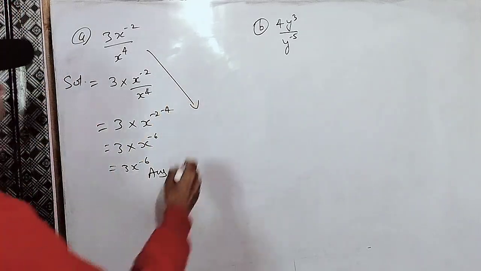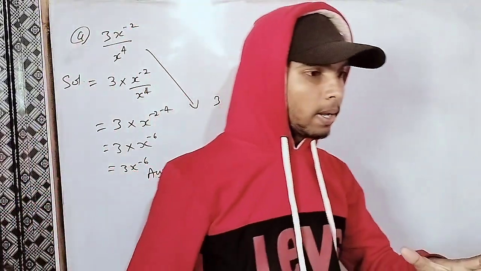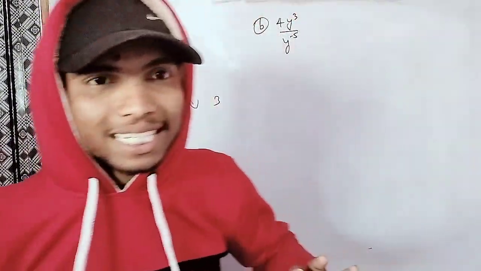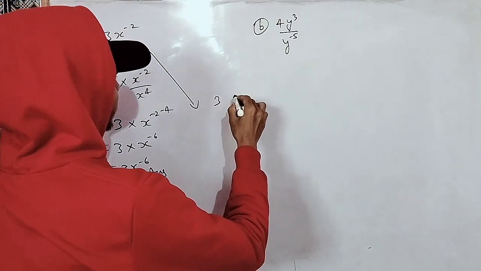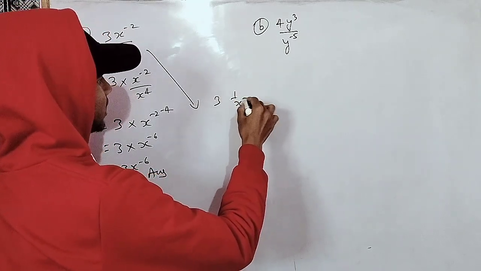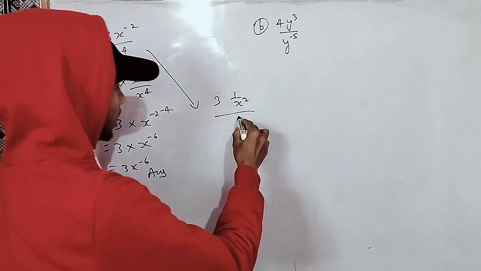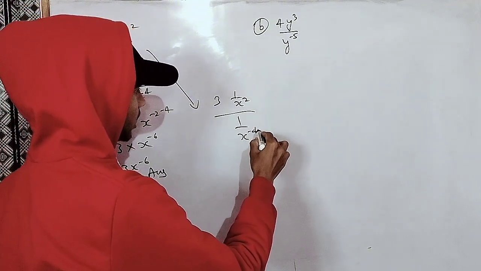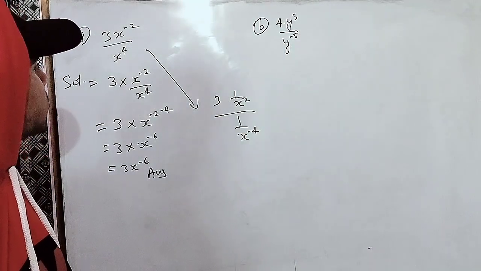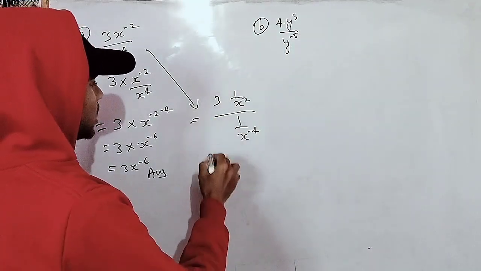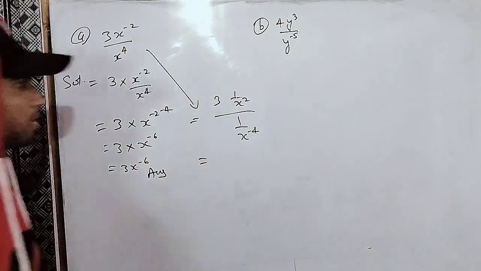Now the other way, 3, and this is our exponent with base in negative. So can we write it like that? Of course. And x to the 4, can we write it like that? Of course. Yeah, am I right? We didn't change our question.